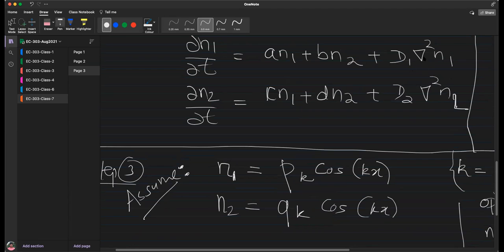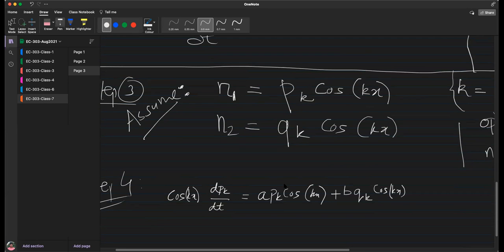You remember what happens when you apply the double derivative to a cosine function? This constant comes out with a square and a negative sign. What you have is minus D1 k square cosine kx, and the amplitude remains the same, p_k.